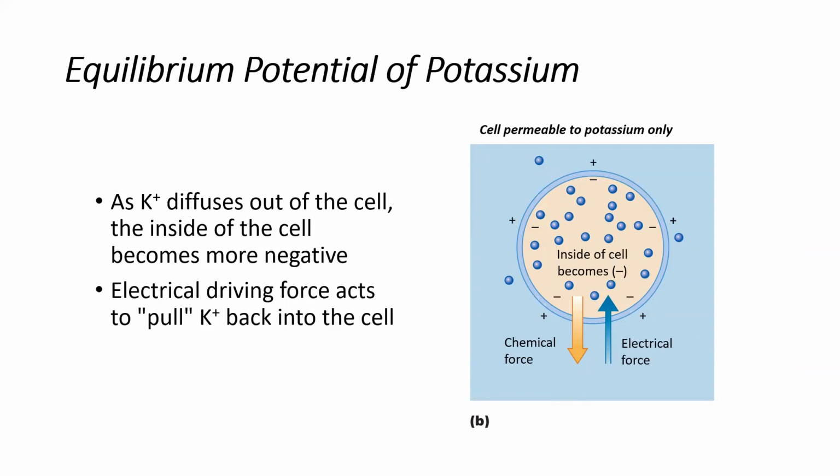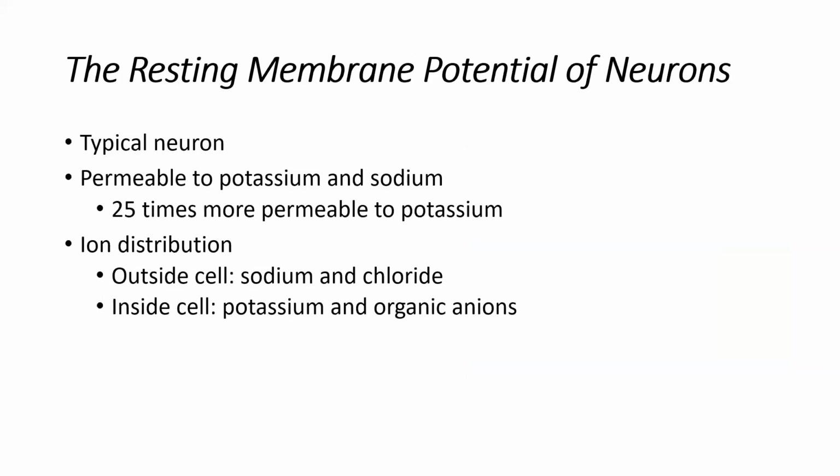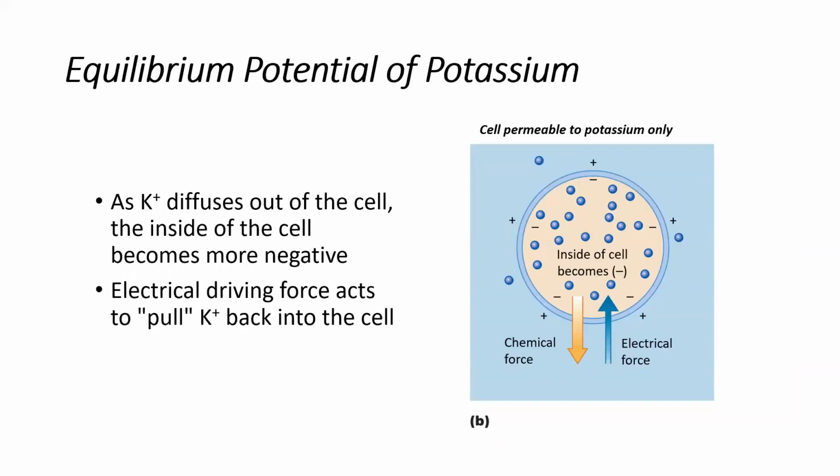Remember, inside the cell we had potassium and the organic anions, so that's where the remaining negative charge comes from. If all the potassium is leaving according to the chemical driving force, what's left behind is the unopposed negative charge of those anions remaining inside the cell.